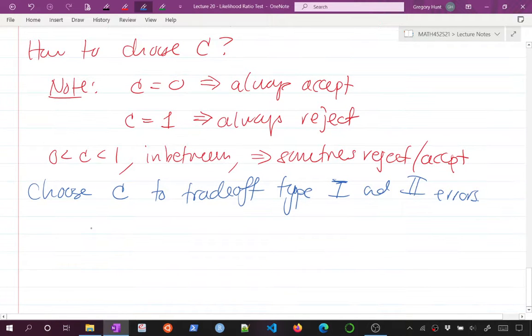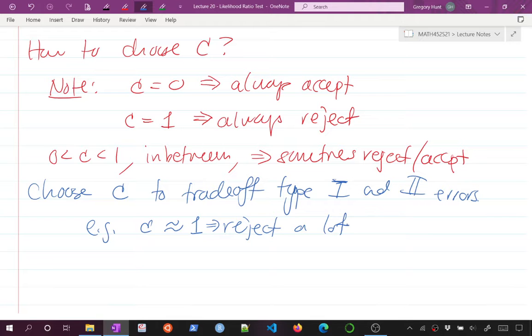So let me write, for example, if C is close to 1, we're going to end up rejecting a lot. If C is exactly 1, we're always going to reject. If it's close to 1, then we're typically going to reject, and we're going to run the risk of a type 1 error or a type 2 error.